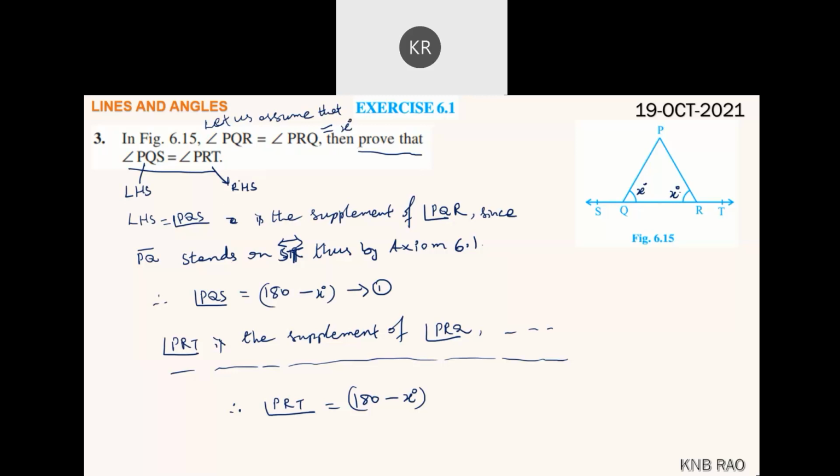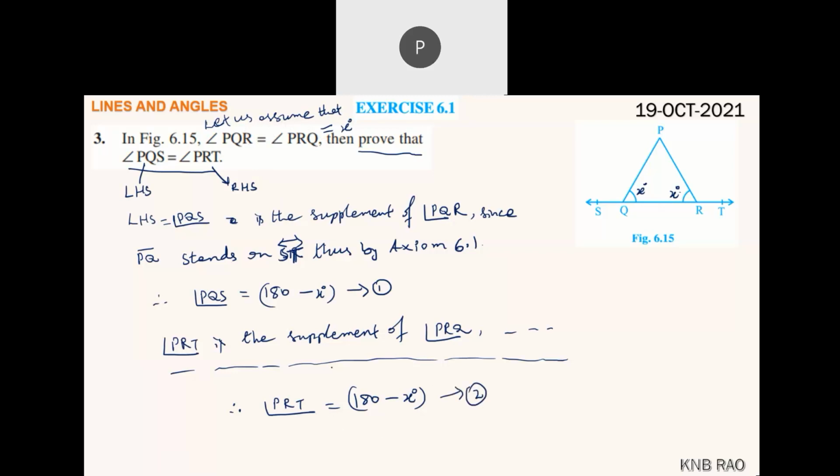This is our assumption. This is the body of the solution, the opening statement with which it starts. So this is equation 2.